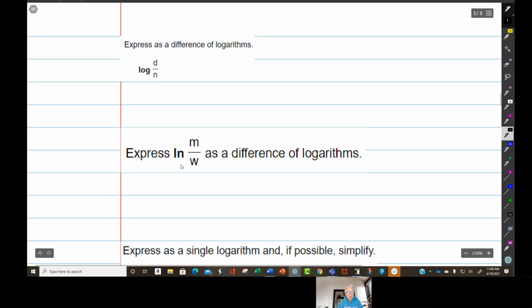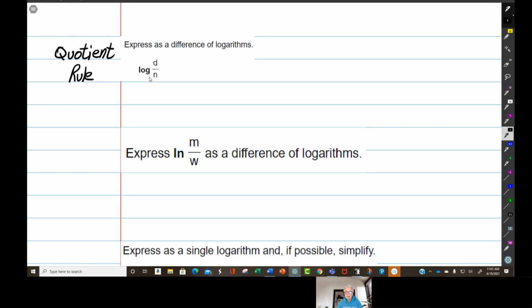And here's the quotient rule. I promise you it'll get more difficult, but let's start easy. All right, this is the quotient rule. A quotient is the answer you get when you divide. And that's log.